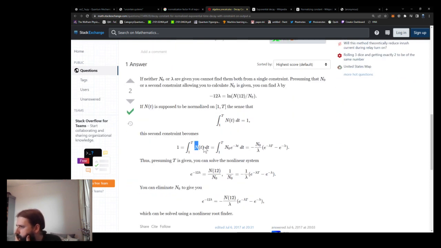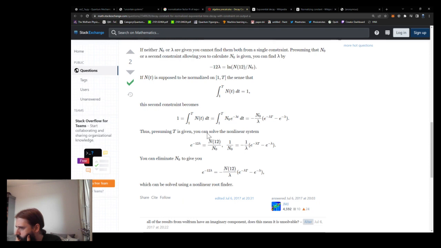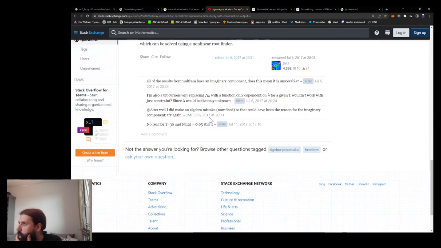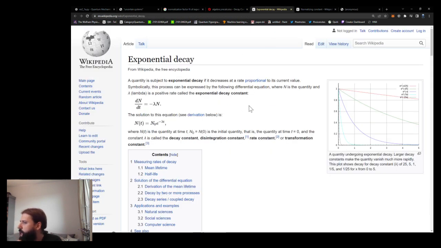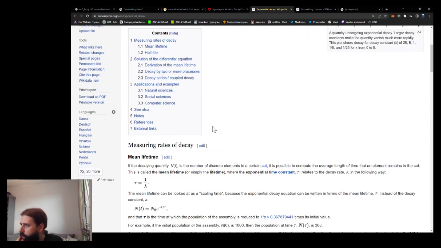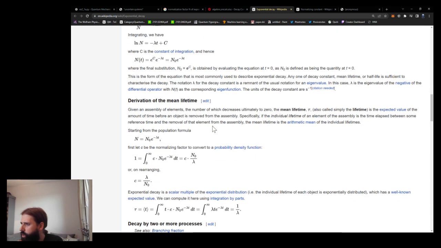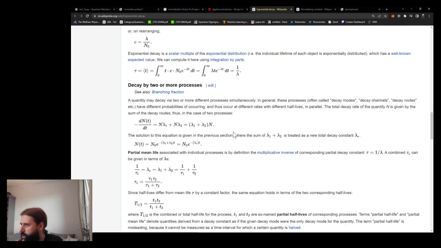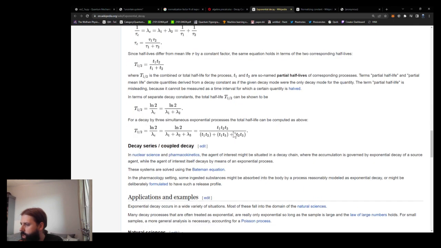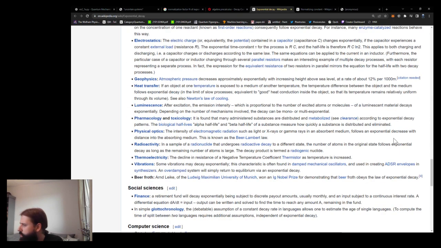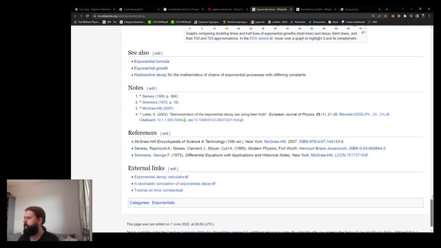I don't know what NT would be here. Exponential decay. Okay, so maybe there's some interesting thing here. Solutions, derivation of the mean lifetime. It didn't occur to me that that was actually a thing.